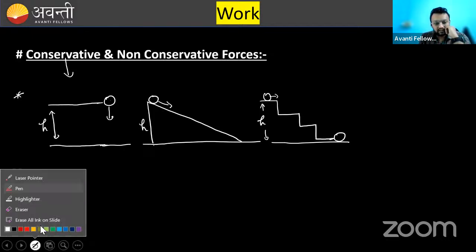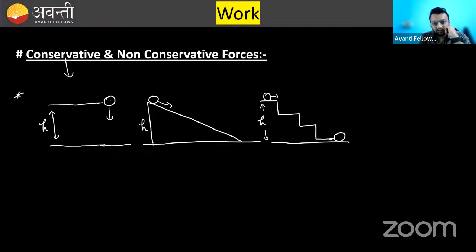In the first case, the path is straight down to the ground. This time along the inclined plane. This time another zigzag kind of path. But the work done by gravity in all these three conditions will be the same. This is what the property of conservative force says.